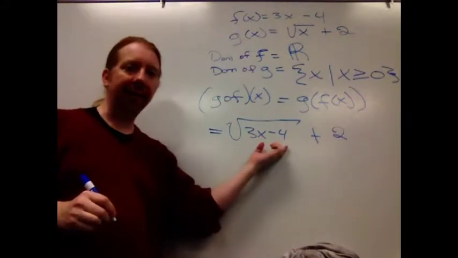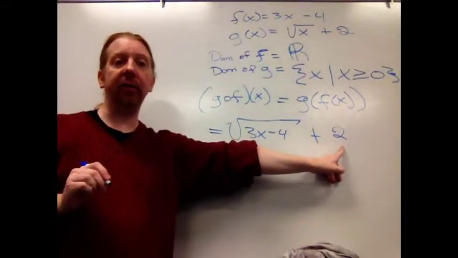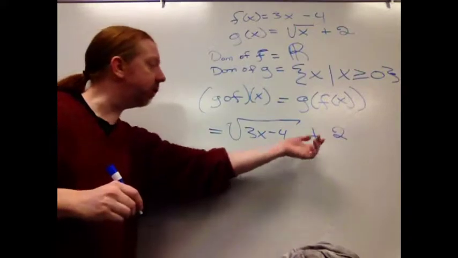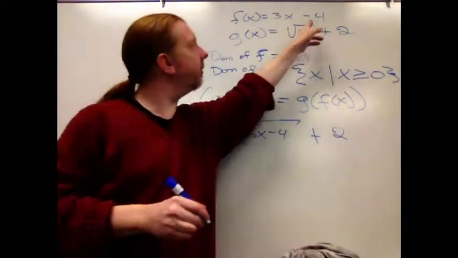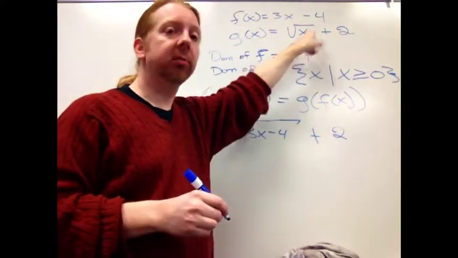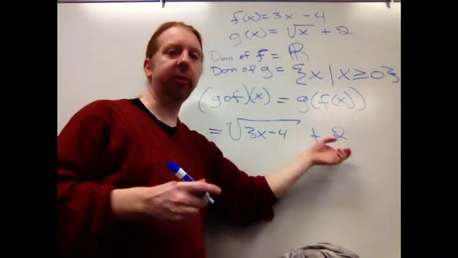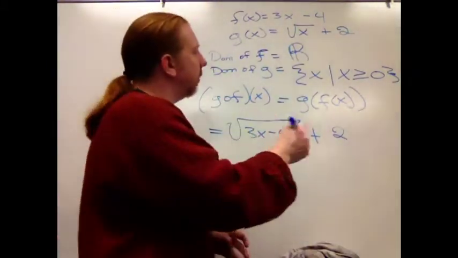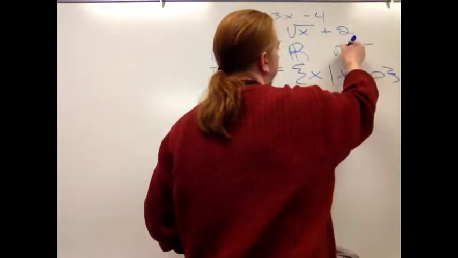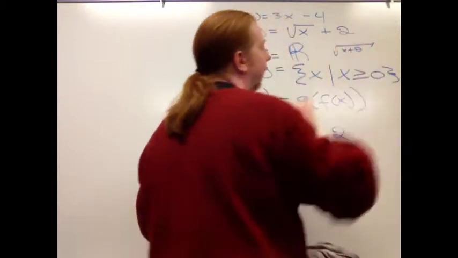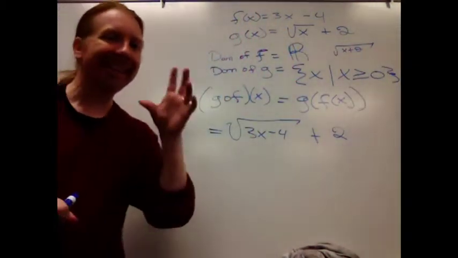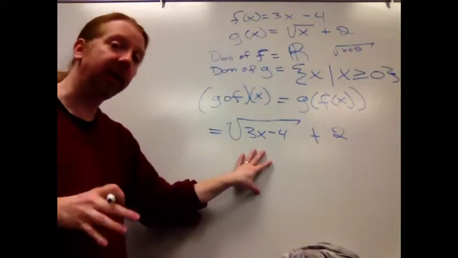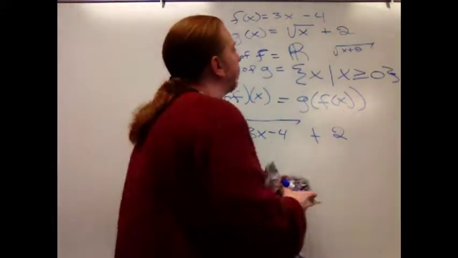This is all inside a radical, so I cannot add this outside 2. If the 2 was inside the radical, then I could combine the 4 and the 2. That would look like this, square root of x plus 2. See how it's inside the radical? That's not the case here, so I don't need to worry about that.